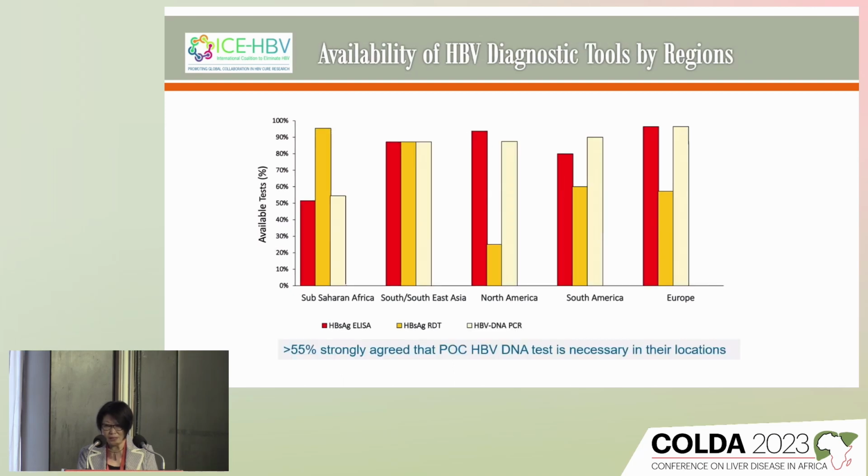In terms of the HBV PCR, again, it was unavailable in about 50% of the locations in Sub-Saharan region. In fact, over 55% of those responders said that point-of-care HBV DNA test is necessary in their location if HBV DNA test is part of the hepatitis B management guideline.